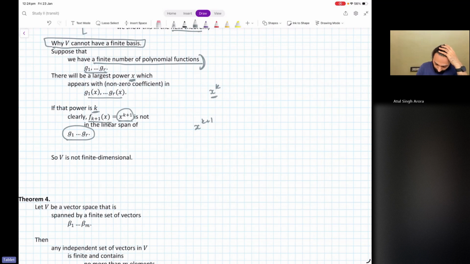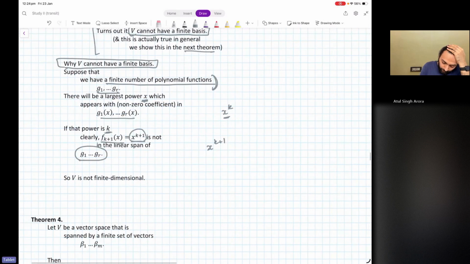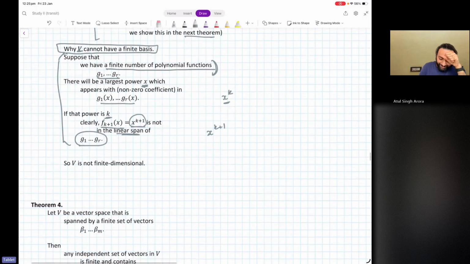Therefore, we conclude that we cannot have a finite basis, because if it did, we reach a contradiction: the basis would not be able to span all elements of the space of polynomials. Is that okay? Yes, sir.